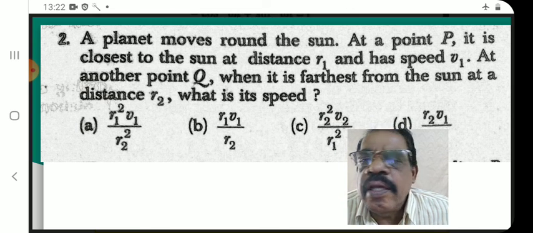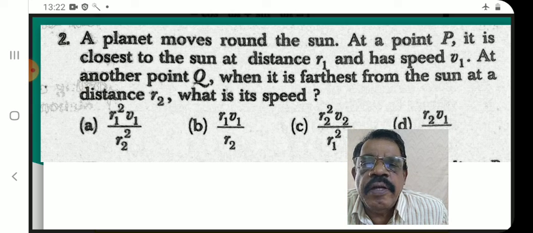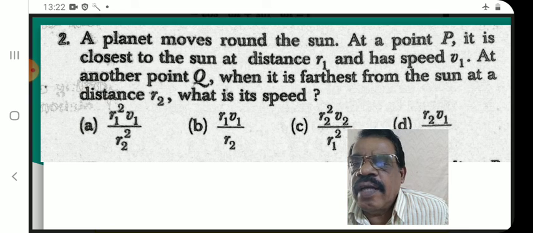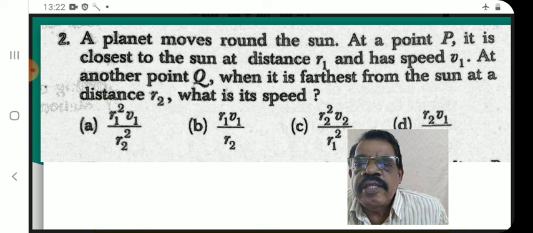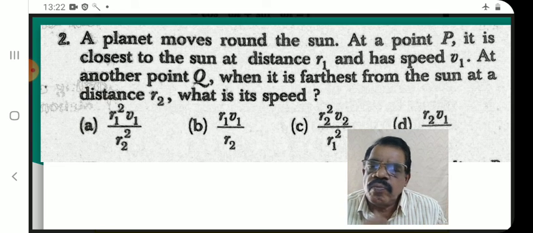At a point P it is closest to the sun at a distance r1 and has speed v1. At another point Q, where it is farthest from the sun at a distance r2, what is its speed?